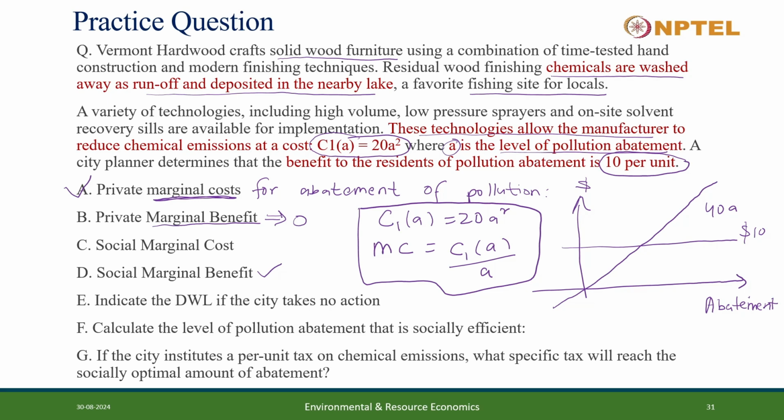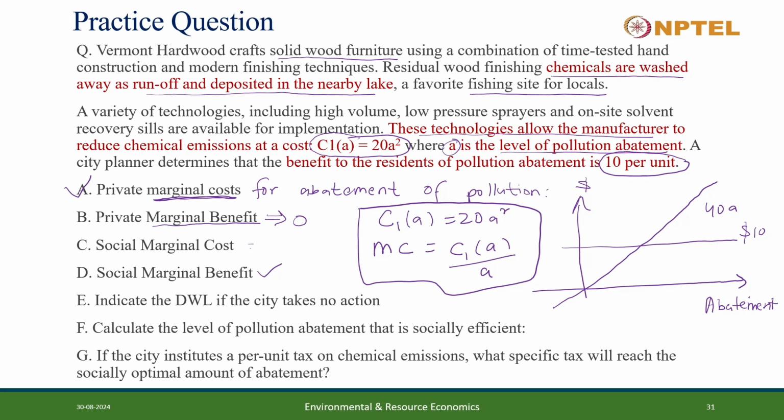Why? Because if I have to abate pollution, I'm not benefiting out of it, right? The firm is not benefiting at all from the pollution abatement. The society is getting benefited. So the private marginal benefit curve is 0 and the social marginal benefit curve is this one, $10, and social marginal cost.